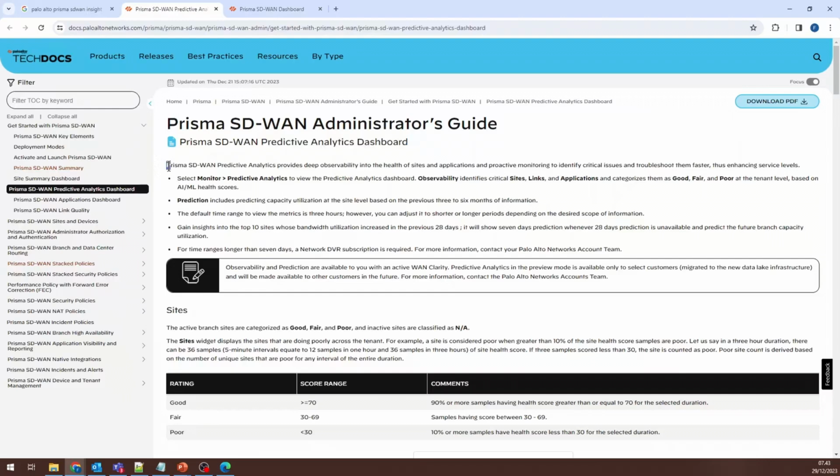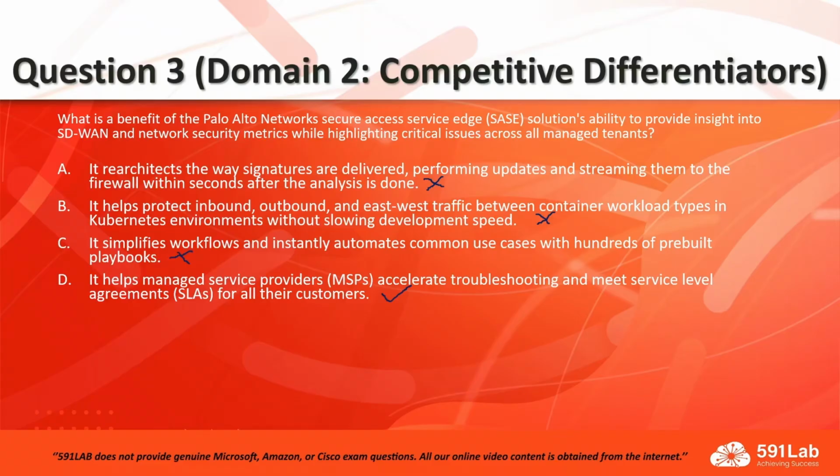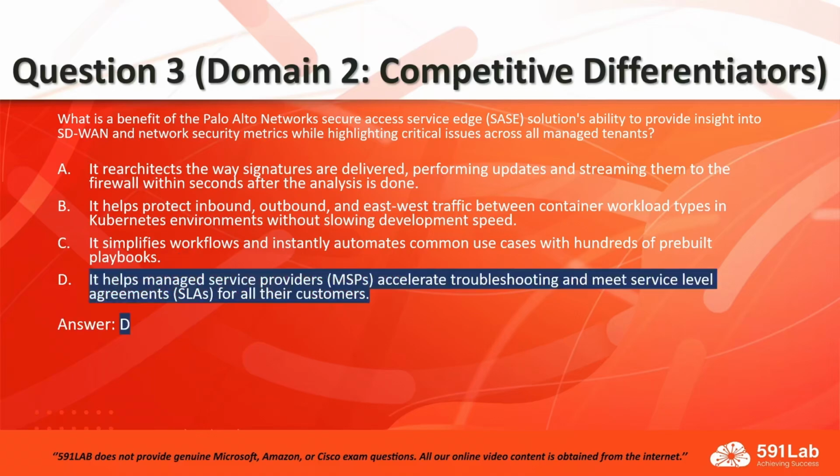The SD-WAN predictive analytics provide deep observability to the health of sites and application, and proactively monitor, identify critical issues, and troubleshoot them faster, thus enhancing the service levels. With this information, the answer for question number 3 is D.